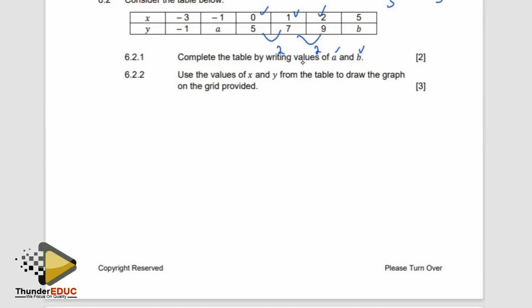So from 5, I'll need to subtract 2, which means A is going to be 3. Then with 5, since I know that 3, there is 4, which is going to be 11, 13, and then I'm going to have 15. So B becomes 15.